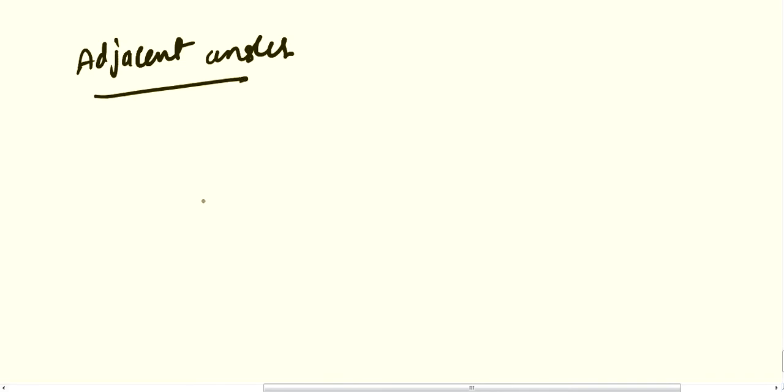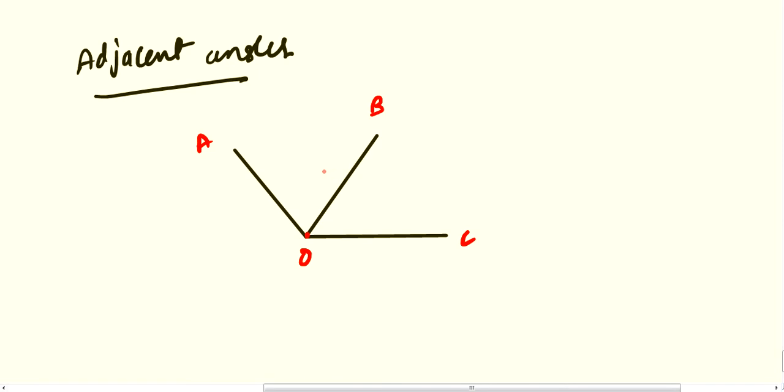Two angles are said to be adjacent angles if they have a common vertex, and second, they have a common arm. So this is your required diagram: A, B, C, and this point is O. Now in this diagram, O is your common vertex, and the angles are AOB and BOC.